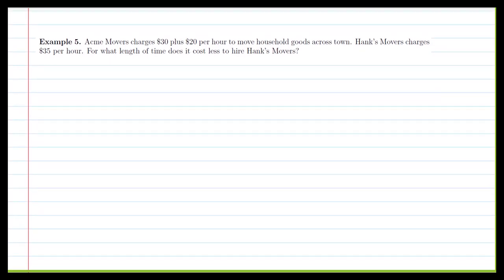So the idea here is, once again, we're going to be using our linear model, which is y equals mx plus b. And we've talked about how m is our slope, and our b value is the y-coordinate of the y-intercept.